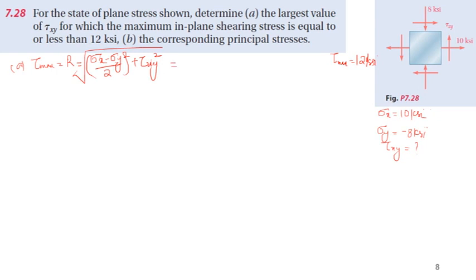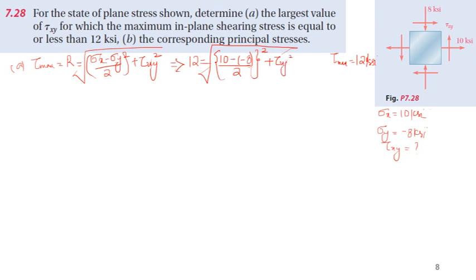If you put the values, tau max is 12 ksi, sigma x is 10, sigma y is minus 8, divided by 2, squared, under root, plus tau xy squared.